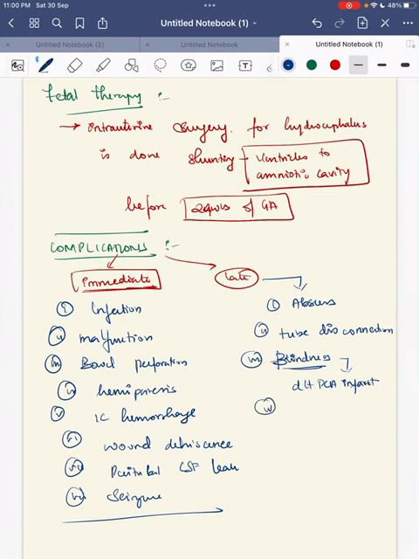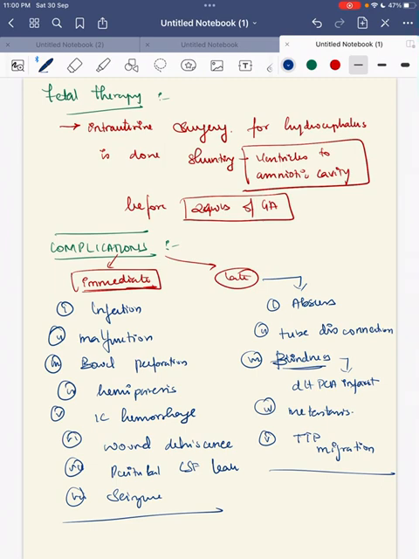Next, when you place the shunt and the child is having some tumors, when the tumor is in a grade 4 stage or in a very active stage, that can lead to seeding of the tumor, that is metastasis, or the tip can get migrated, so there will be tip migration. So these are the complications of the shunt procedure.